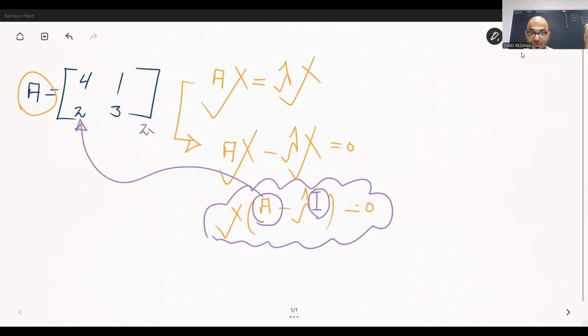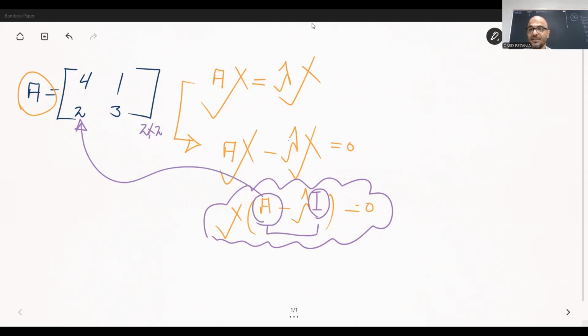Then as a result, the identity matrix I also is a 2 by 2 matrix, because these two should match in terms of the dimensions that they have. Then the only things which I do not have here are the eigenvector X and the eigenvalue lambda.